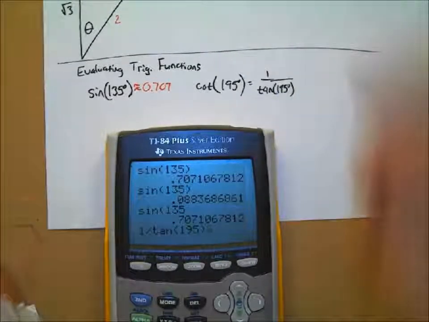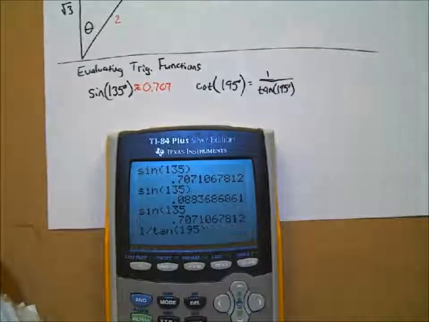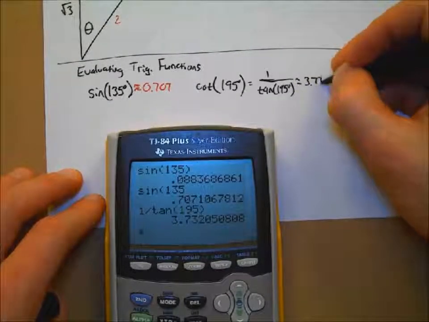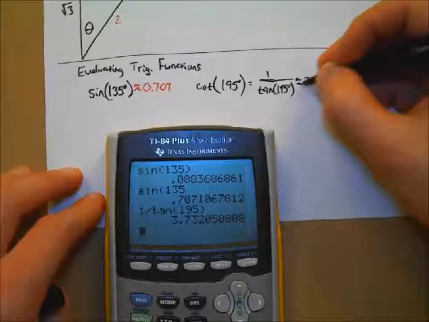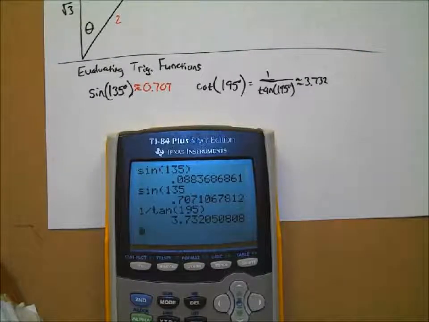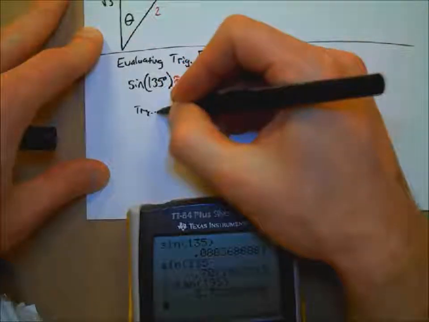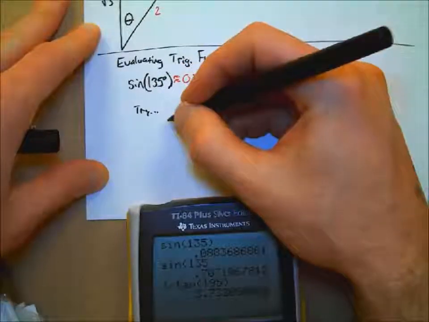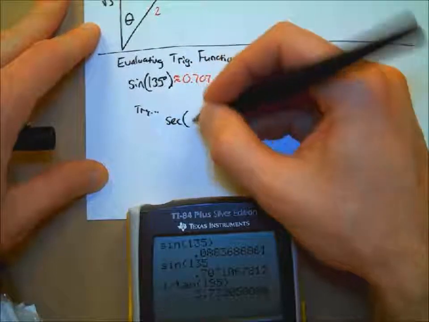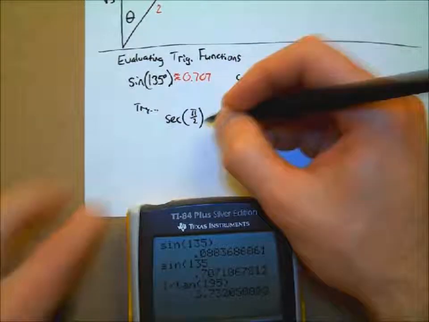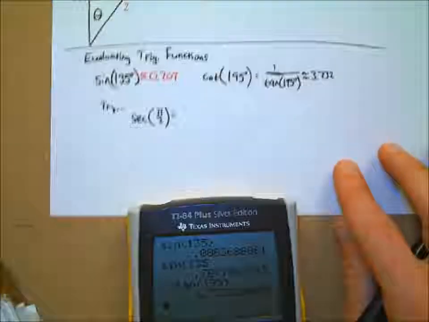Like so, and you get about 3.732. All right, let me give you one to try here. Secant of pi over 2. Go ahead and do secant of pi over 2.